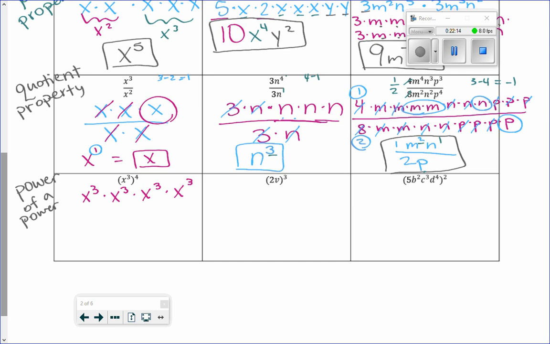Or I could expand it even further by saying x times x times x times x times x times x times x times x times x times x times x times x. So how many total x's will there be? 12. And we'll get to the shortcut real soon. You might see it already.